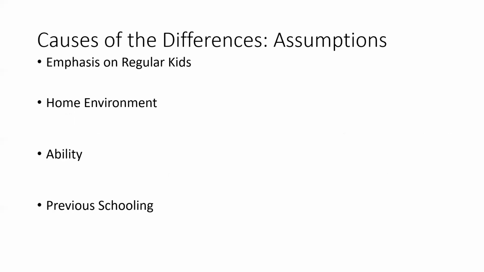What we also saw was that the teachers were talking about the differences between the two types of students, and really emphasizing the regular students and speaking about them with this very strong deficiency tone.